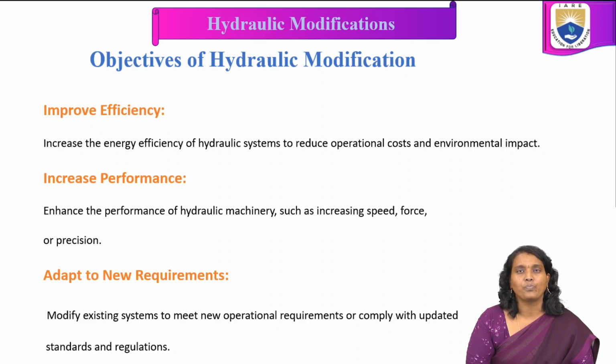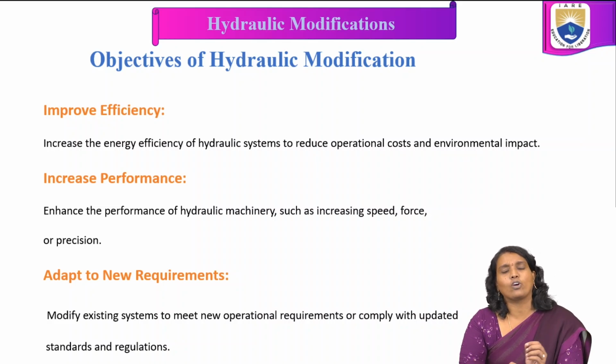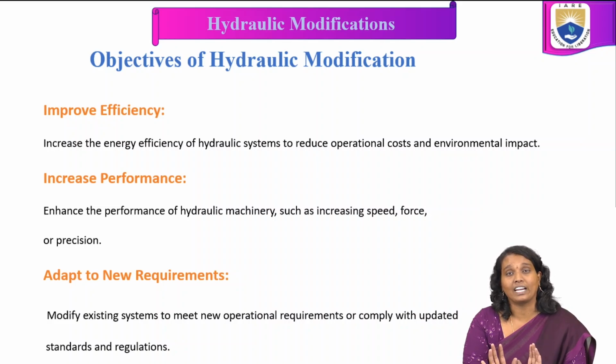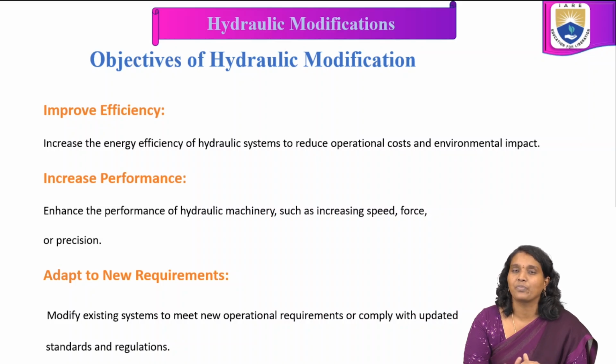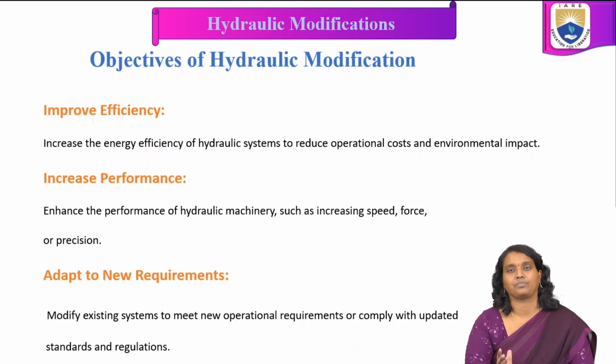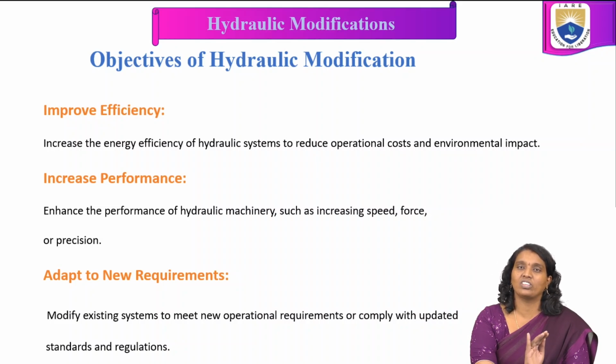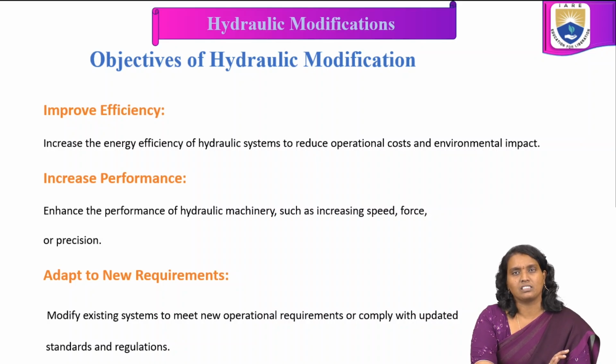We are going to increase the energy efficiency of hydraulic systems because it requires that energy for getting strengthened structures, for better understanding about the structure. Whenever we are going to design the foundations for any kind of structure, we have to understand the soil parameters. In this, hydraulic modification is necessary.